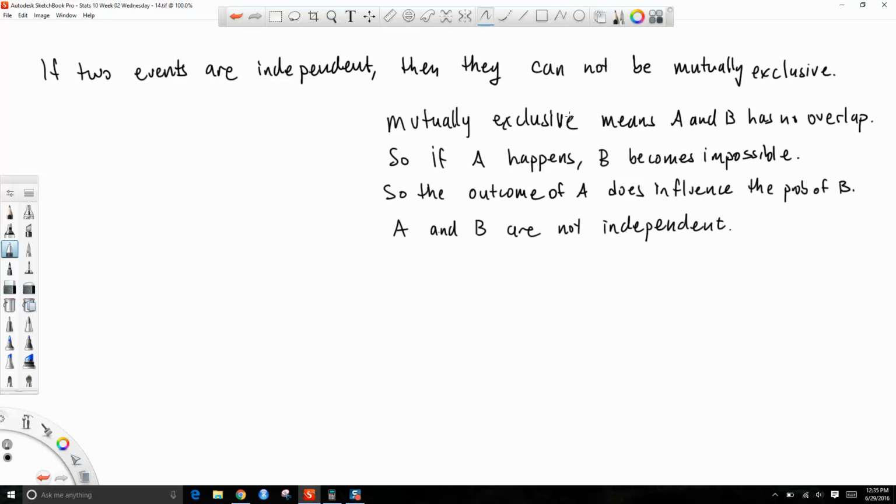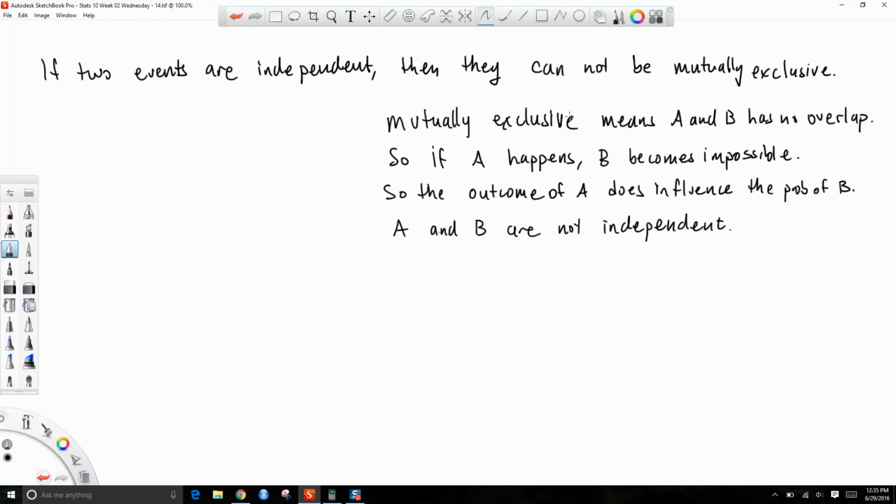So it'd be like the card I draw is a heart versus the card I draw is spades. If I draw a card and I know that it's a heart, I know automatically that it can no longer be a spade. Or mutually exclusive could be that the card is red versus the card is spades.